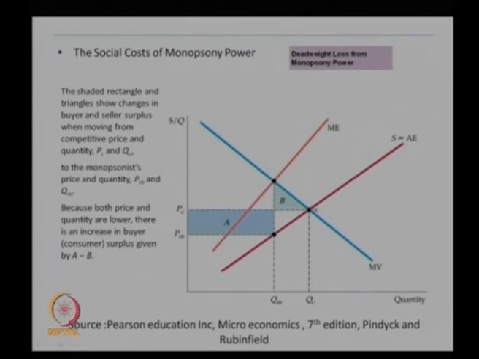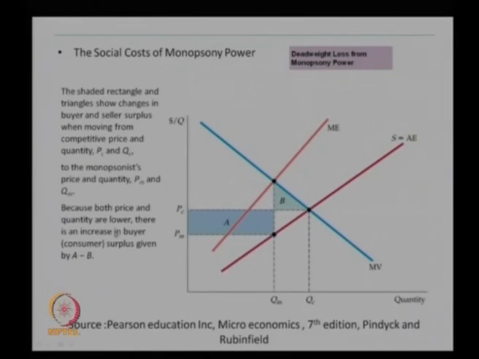And why do we get this triangle as the deadweight loss? Because of the move from the competitive price PC and quantity QC to the monopsony price PM and quantity QM. The difference between the monopsonist price PM and the competitive price PC, and between the monopsonist quantity and the perfectly competitive quantity, gives us the deadweight loss.